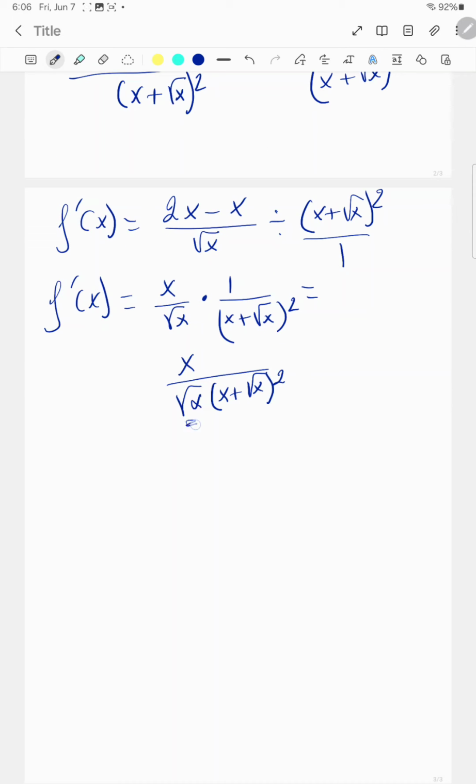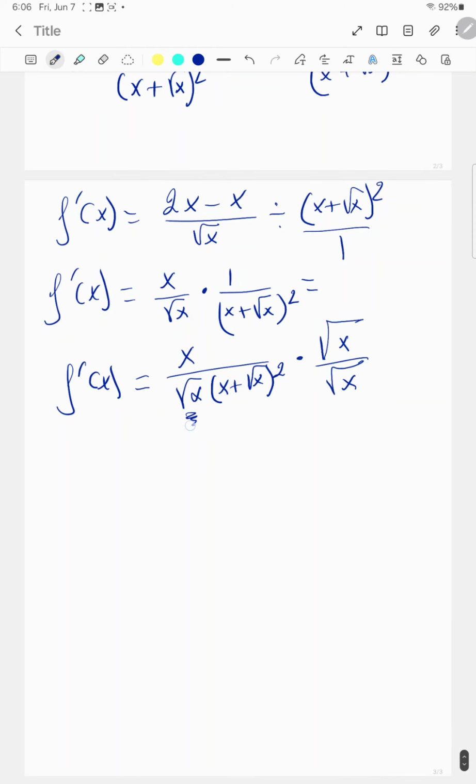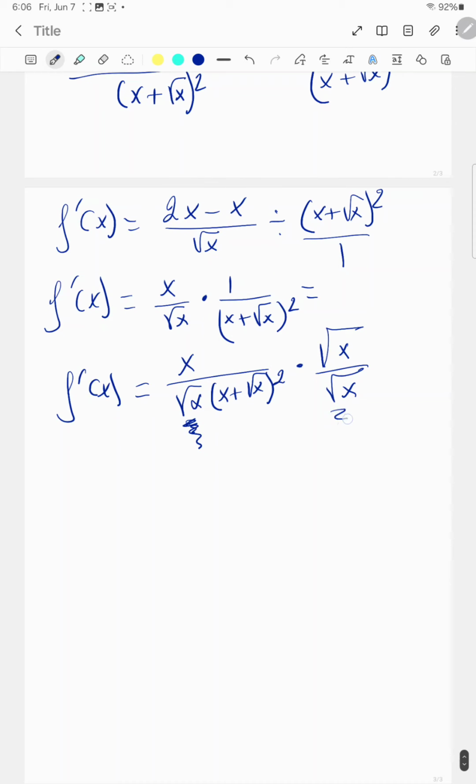But if you want to get rid of the square root of x that is here, so this is f prime of x, I can multiply it by 1. But my 1, I want to write it in an intelligent way, which is square root of x divided by square root of x. And here I have this square root of x times this square root of x, it becomes x.